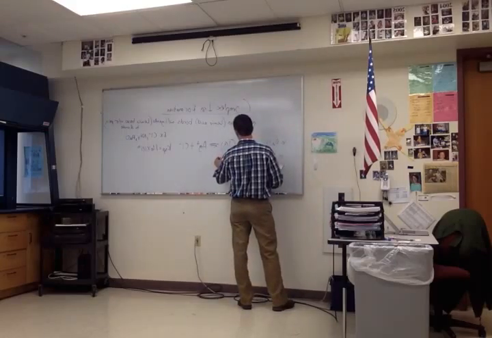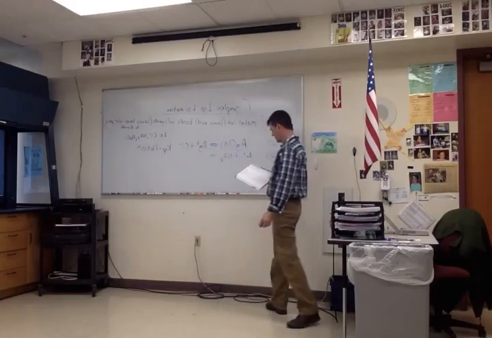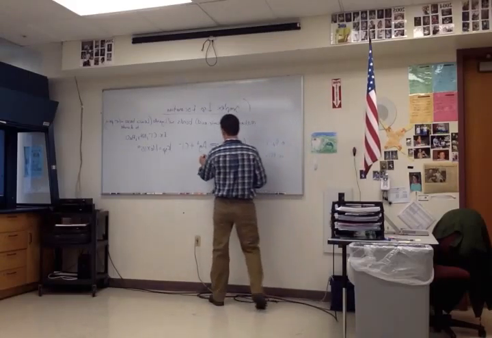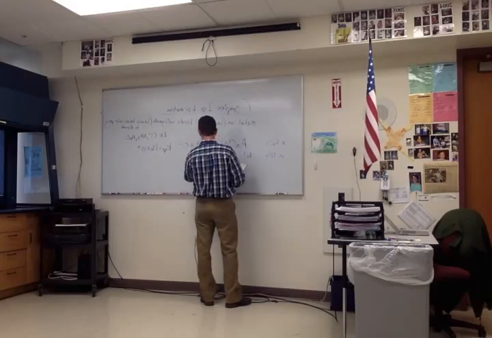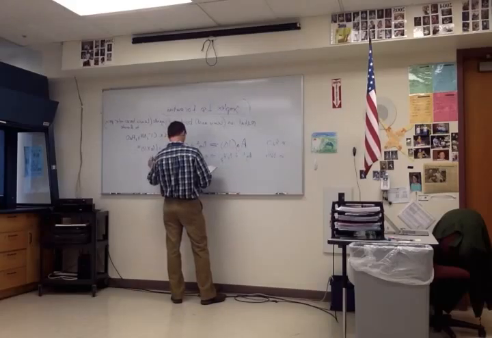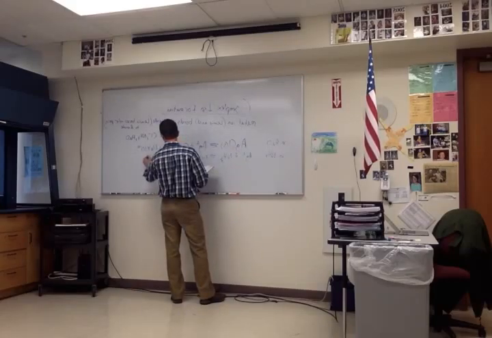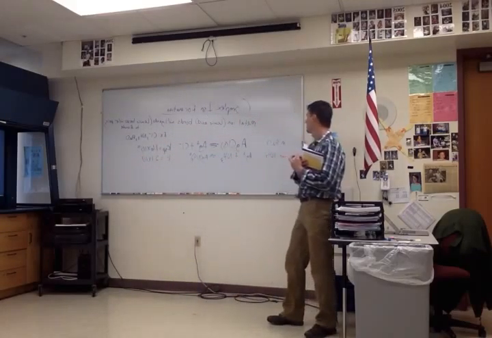I'm taking this straight out of your book, and some of you may have already seen this. It's going to join up with ammonia to make Ag(NH3)2+. Now this has a K value of 2.1 times 10 to the third, or 2100.